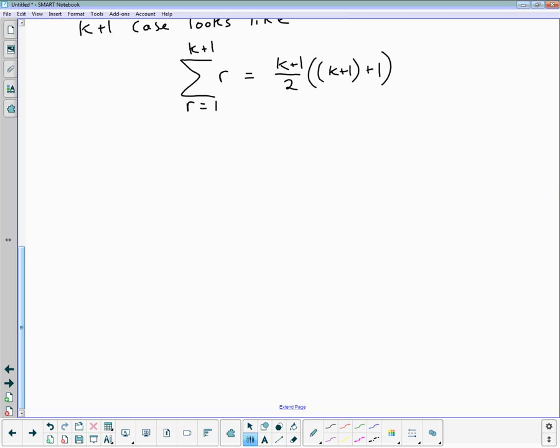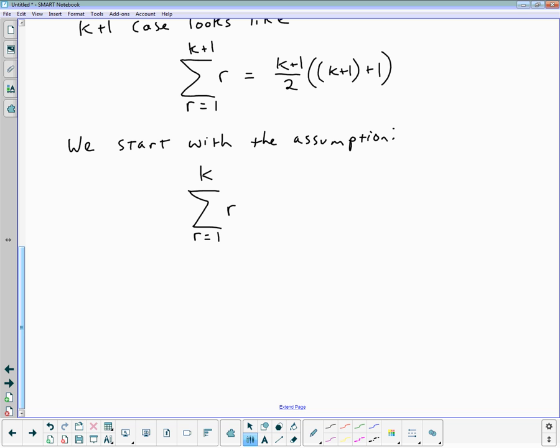So we start with the assumption. And the assumption is replacing n in the original function with k. And our goal is to get to the k plus 1 case.